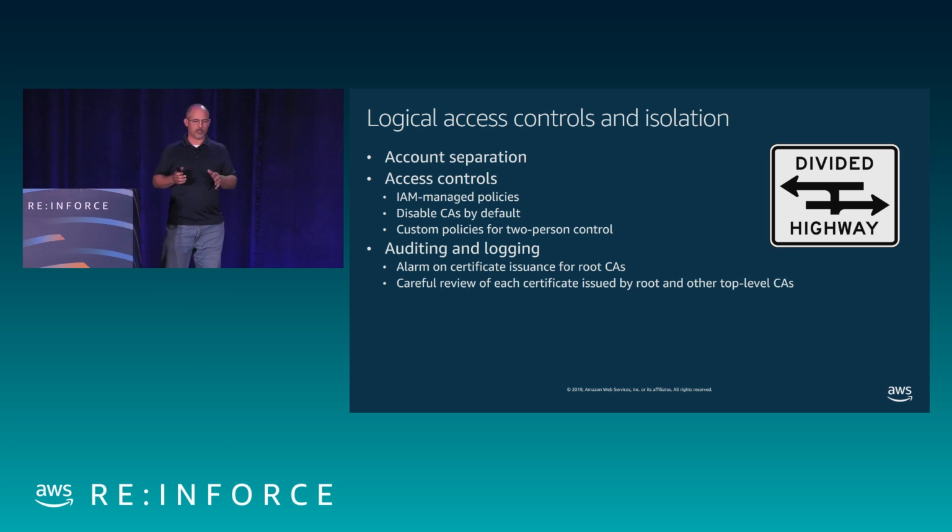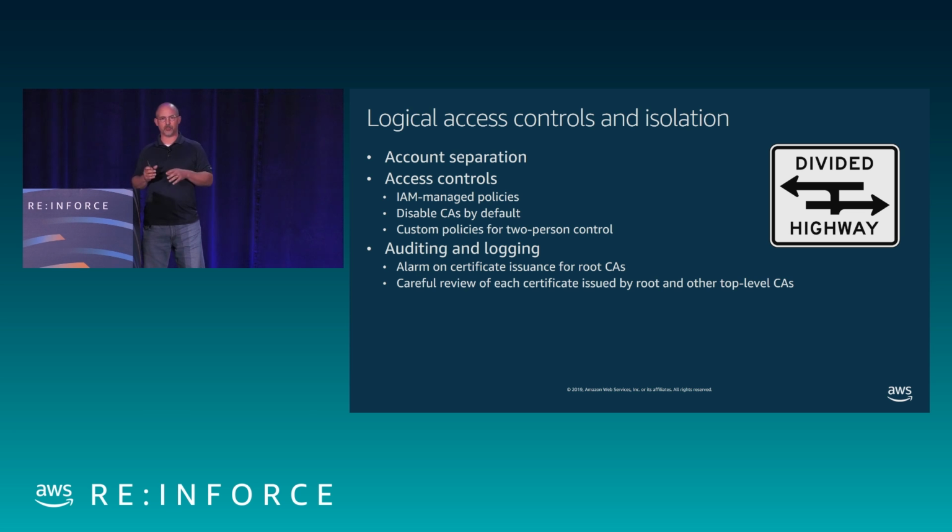So I've talked before a little bit about logical access controls, and here are some best practices around controlling access and isolating a root CA or a top-level intermediate CA. First of all, I recommend using separate AWS accounts for your root CA or top-level intermediate CAs.